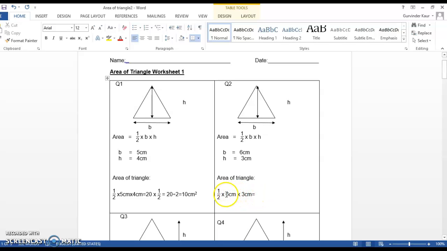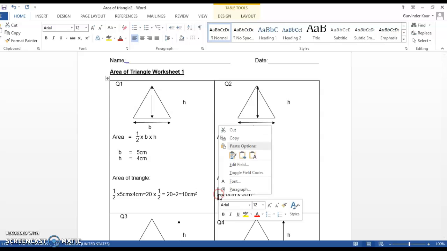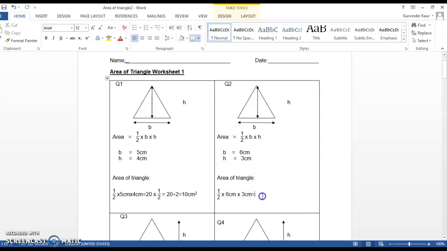So we have half times 6 times 3, which is half times 6 times 3 is 18 cm square.